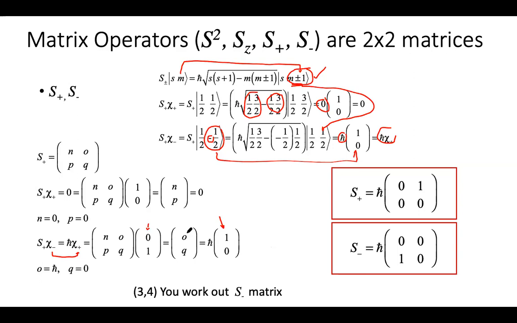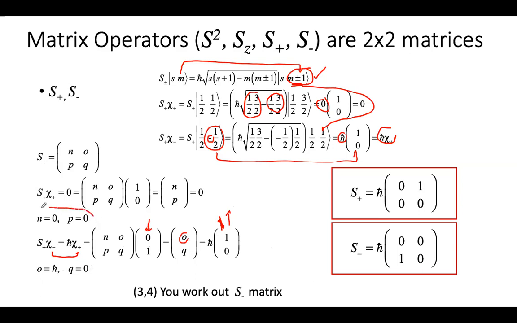It tells me that this O component, right, N times 0, O times 1, P times 0, Q times 1, OQ, is equal to H bar factored out of a 1/0, which is the up state, right? Where you started with the down state. And I should probably not use arrows to point now because I mean them to be states. Well, that tells me that O is H bar and Q is 0.